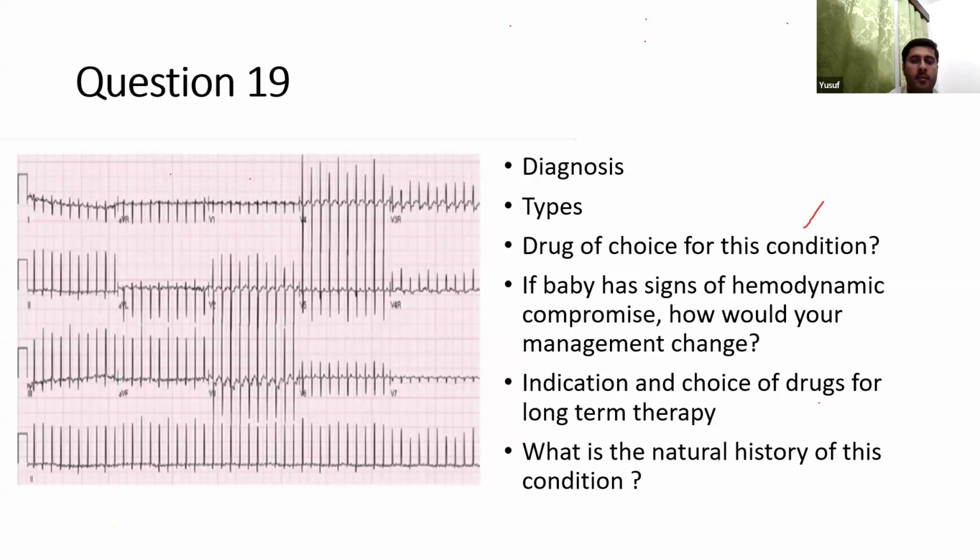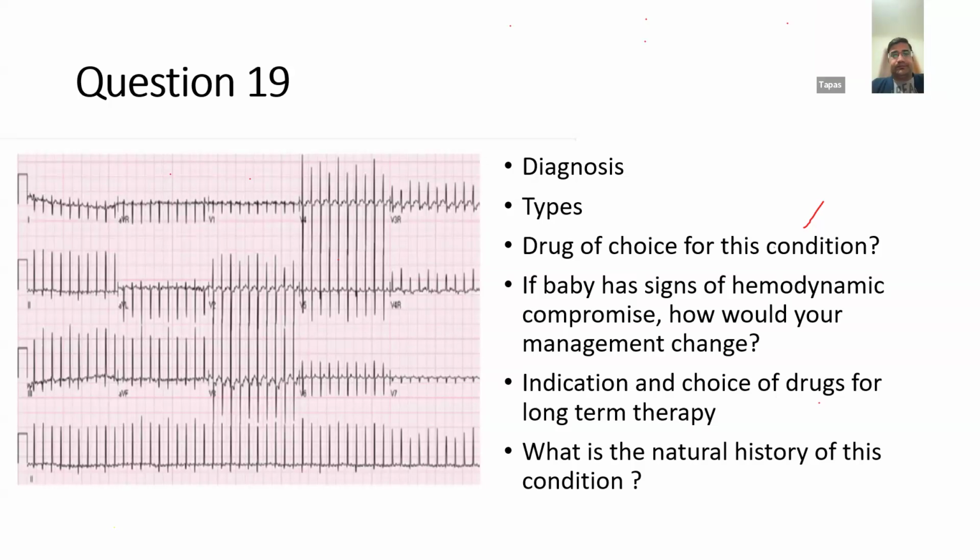What are the indications and the choice of drug you would give for long-term therapy? When would it resolve? And what is the drug of choice? Yes, usually by one year, most of these conditions will resolve. Yes, the most commonly used drug is propranolol.